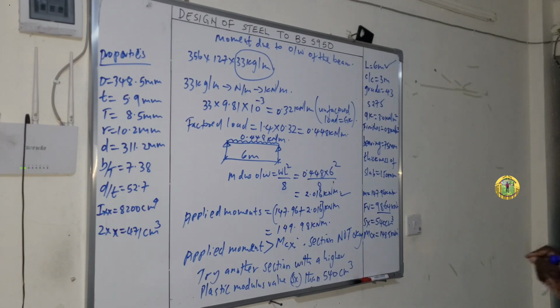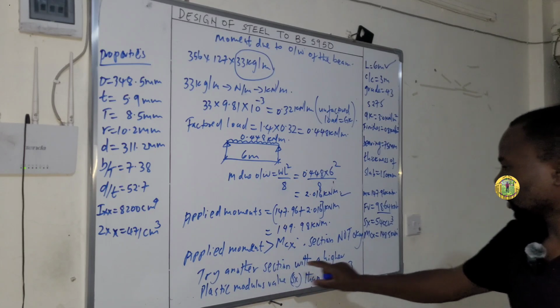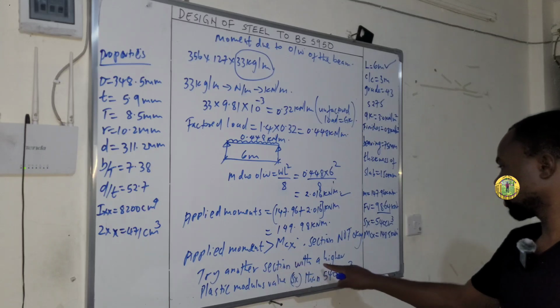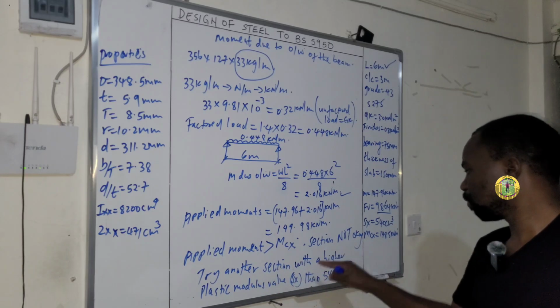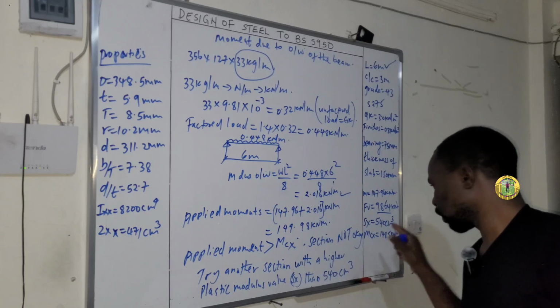So continue with the question, but write a statement here, like I have done here. Try another section with a higher plastic modulus value as x than 540 centimeter cubic.